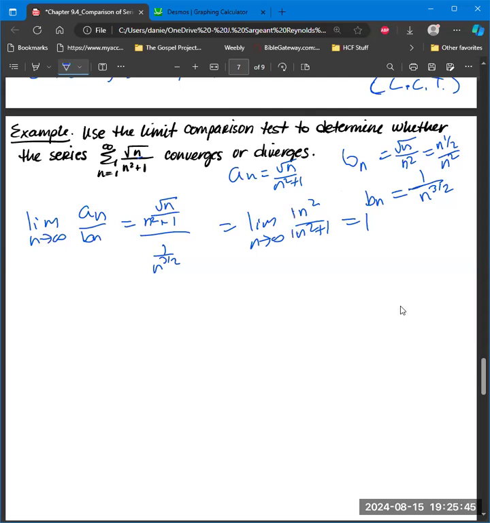The ratio of the leading coefficients is 1, which is positive and finite.